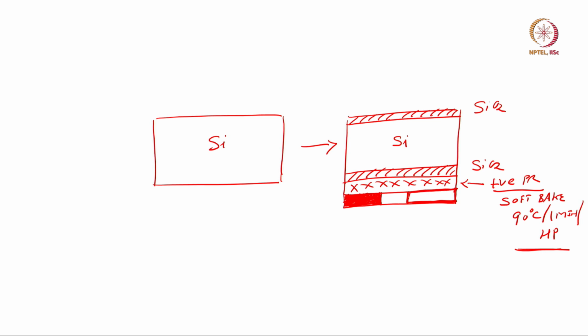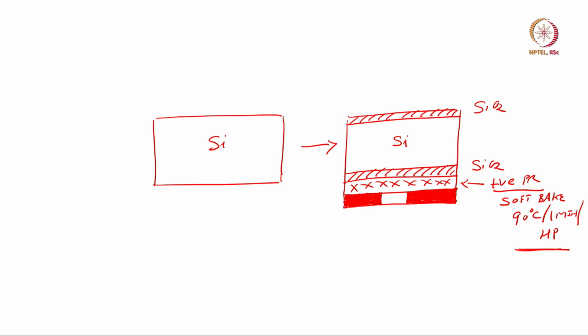An important point while you utilize the laboratory is that the relative humidity and the temperature of the lab are very important. If the humidity is a little bit high, you can always heat the wafer before processing it to remove any moisture that may be there on the wafer.